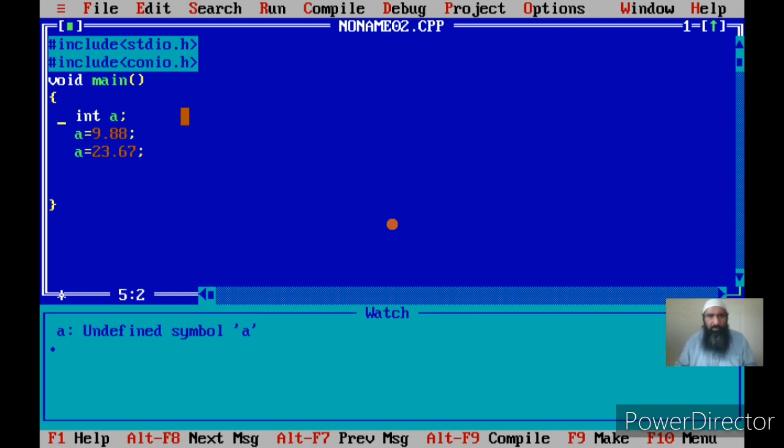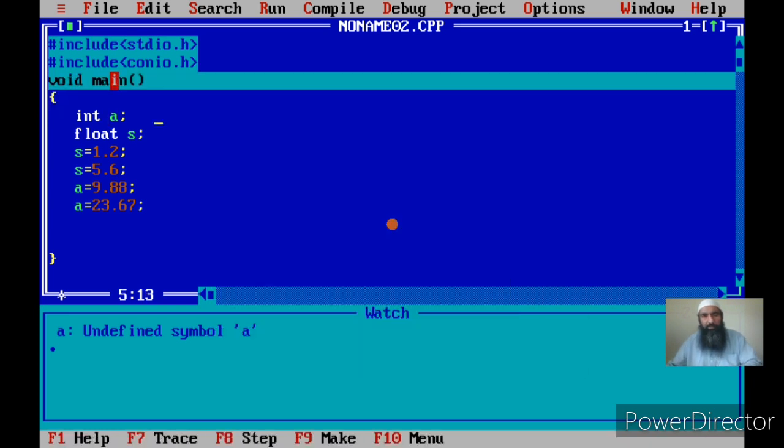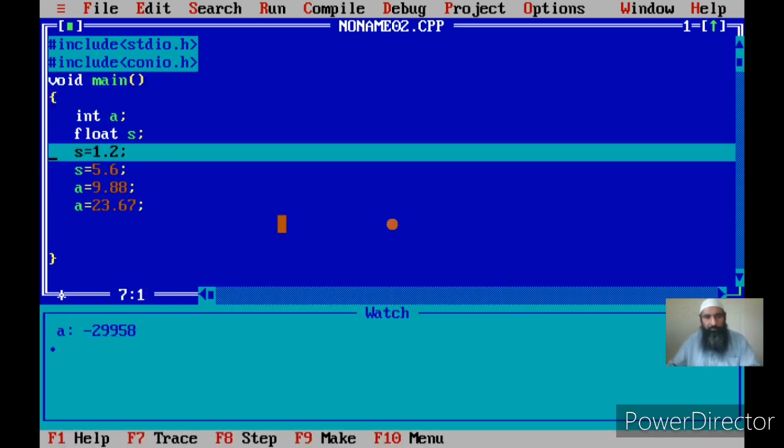See here. Now if I declare a variable of type float, as I told you, float and double can hold the decimal parts. If I declare a variable s and I say now s is equal to 1.2 or s is equal to 5.6, let us watch both these things.